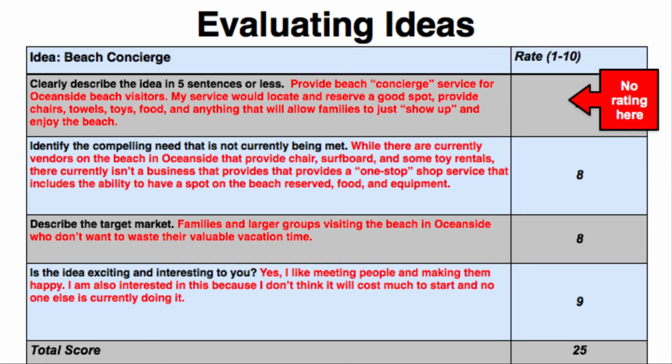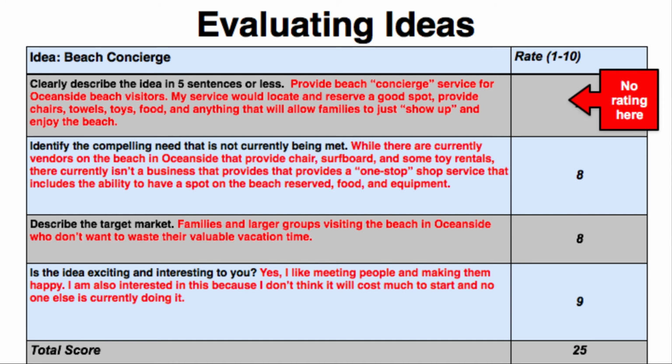Next, we want to identify the compelling need that is not currently being met. So there are lots of vendors out at the beach and oceanside that provide chairs or surfboards and some toy rentals. But there isn't currently a business that provides a one-stop shopping service that includes the ability to have a spot reserved on the beach and all of the equipment. As a compelling need, this would get an 8 out of 10.